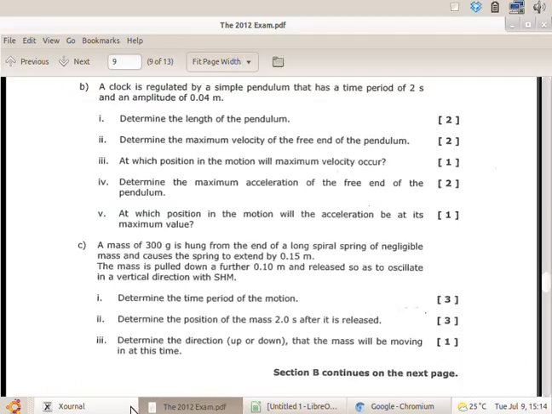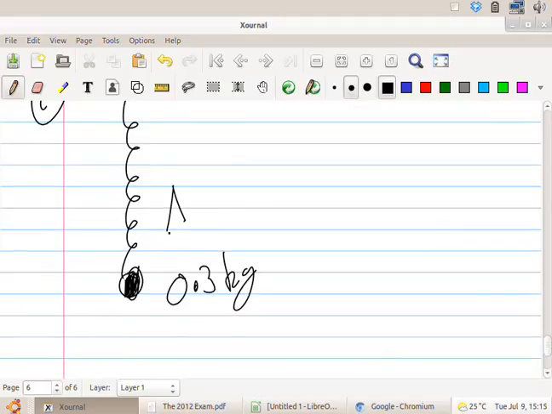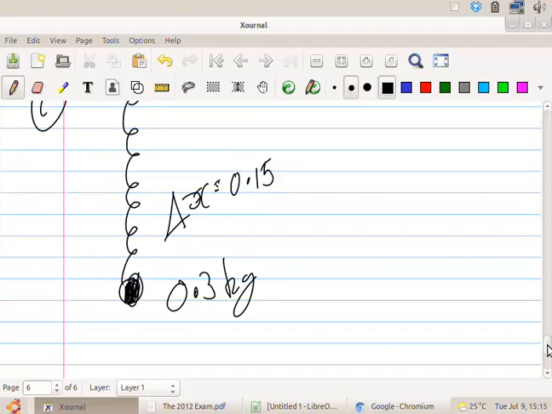Delta x equals 0.15. Okay? Now, when he does this, nothing happens. It doesn't move. Why do you think it doesn't move? Like, why does it just hang here?